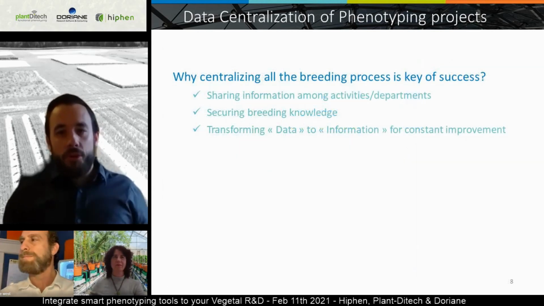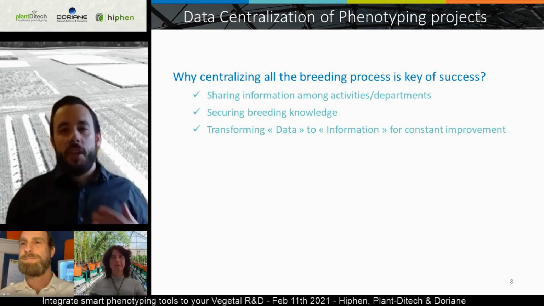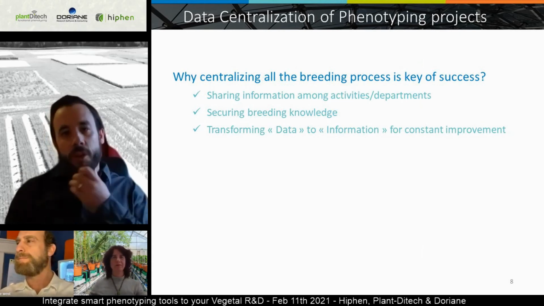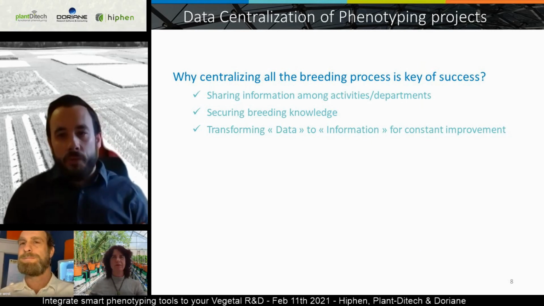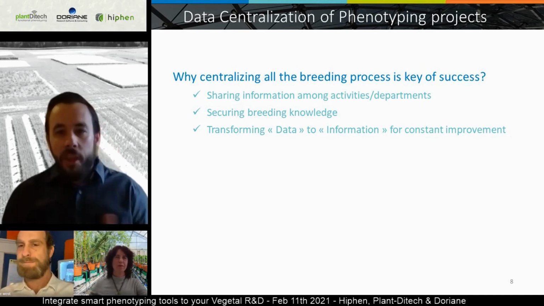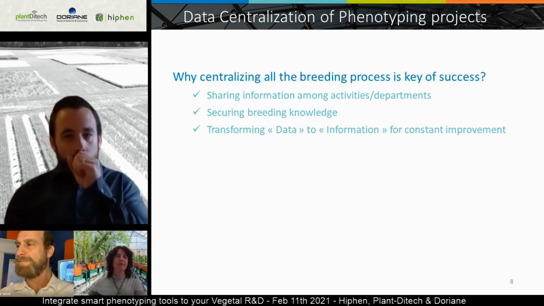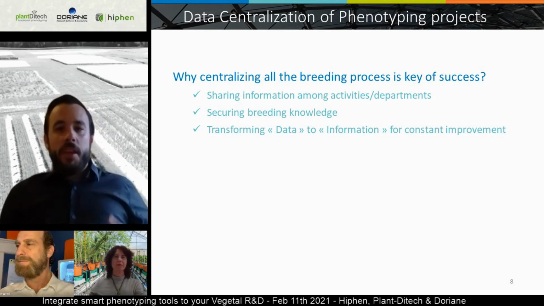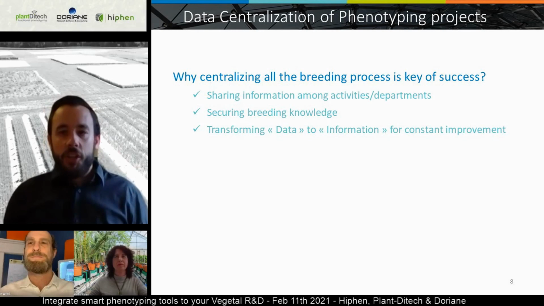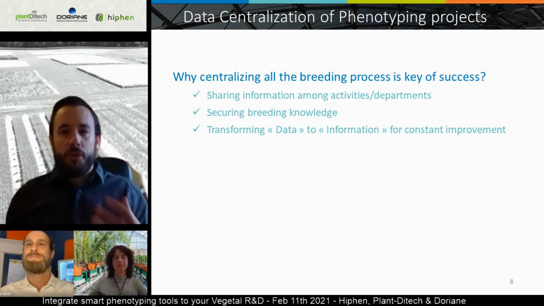I hope I brought you some responses on why a centralized database system such as R&D Experience can bring value in your breeding work. Some factors of response can be, first, improving the sharing of information among activities, notably between lab and field or between pre-breeding and product development. Then, securing the breeding knowledge: because the methods are described in the breeding management software, it guarantees uniformity of processes.